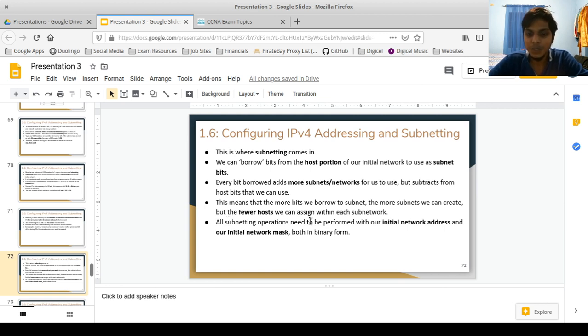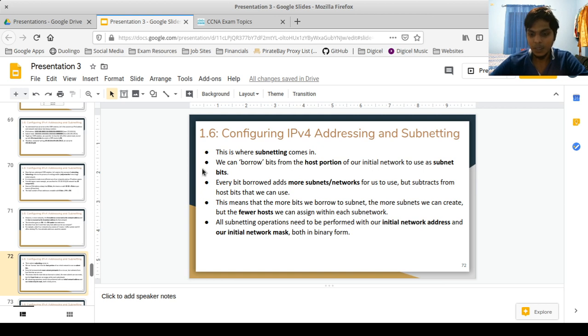So all subnetting operations need to be performed with our initial network address and our initial network mask, both in binary form. So in a nutshell, all we're doing here is taking one big network, and we realize we didn't need that big network because we just don't have that many hosts in this network. And we're going to take this big network and split it up into smaller networks, which is why it's called subnetting. We're making smaller subnetworks from a bigger network.